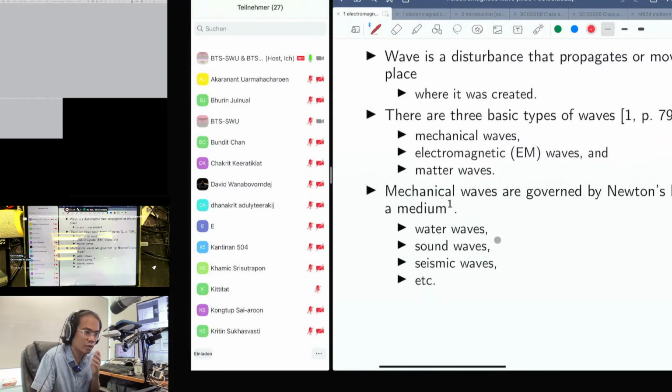The water surface in any container, whether in the ocean or in any glass, and so on. Sound waves are also known as mechanical waves.